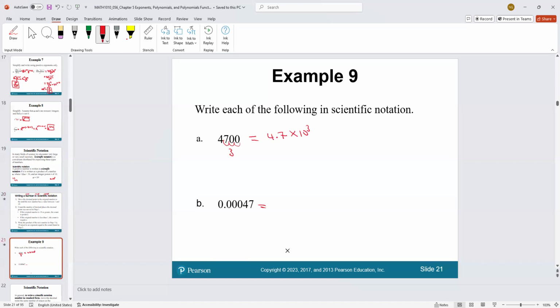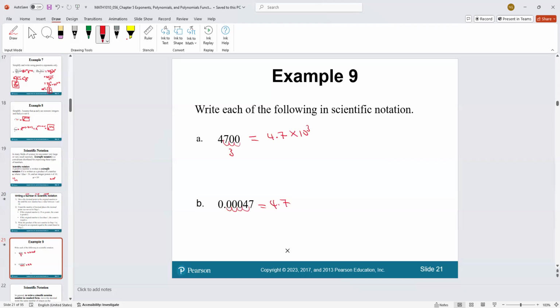Now it's the same here. I see 4.7. I'm not going to write 47, I only need to write 4.7. Now look, if we go 1, 2, 3, and 4. So in the first one, what you see, we move the decimal places to the left.